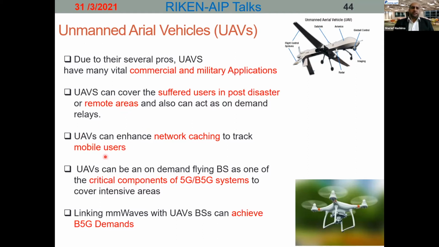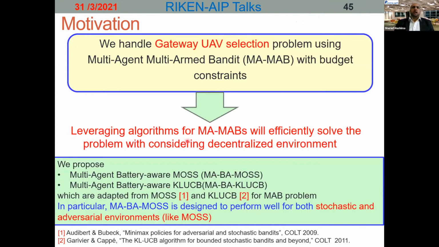Unmanned aerial vehicles can enhance network caching and track users. They can act as on-demand flying base stations, a critical component for beyond 5G systems. Linking UAVs with millimeter wave will achieve these demands and user requirements.